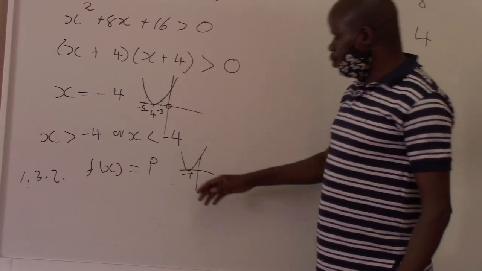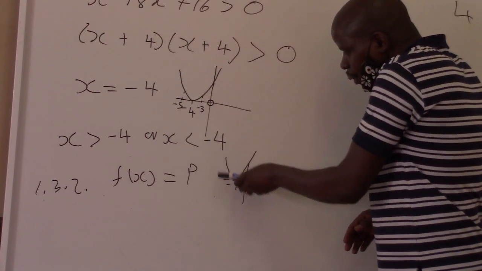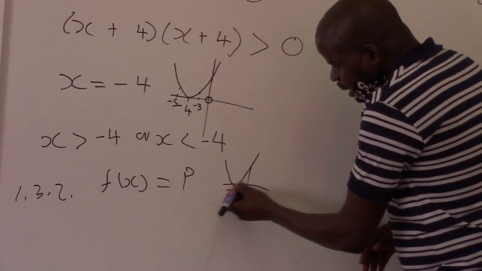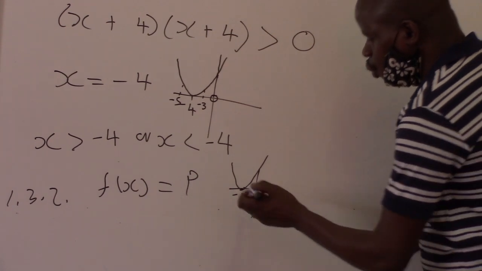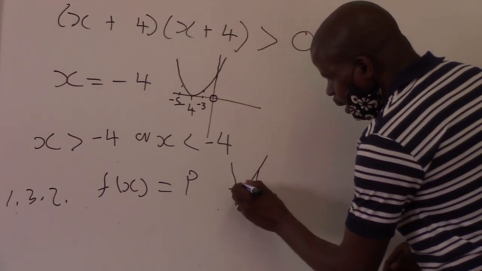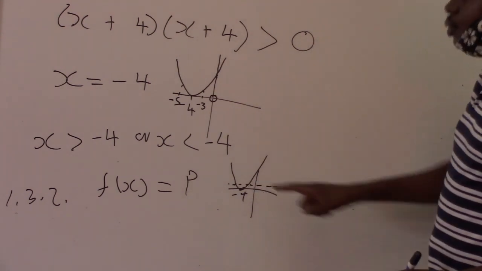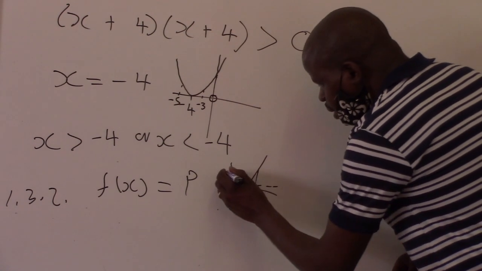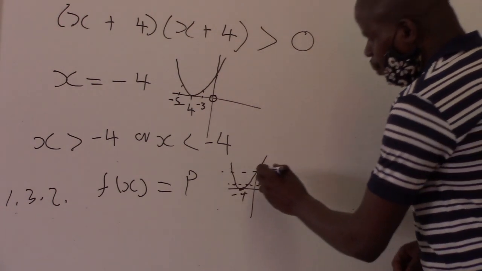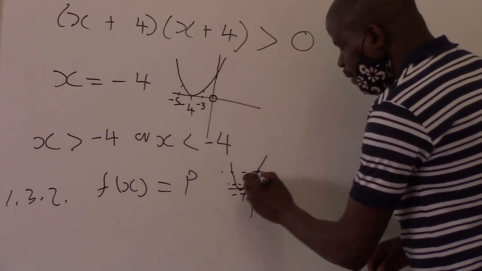Now, if we shift this line going up, it will have 2 roots. It will have a root somewhere there and a root here. Those 2 roots are still negative up until when we get here. When we get here, one root is negative and the other root is 0.